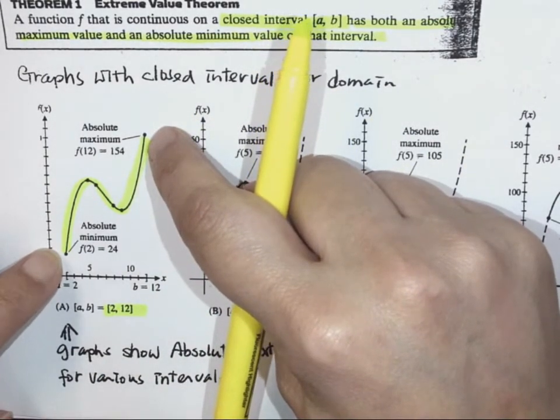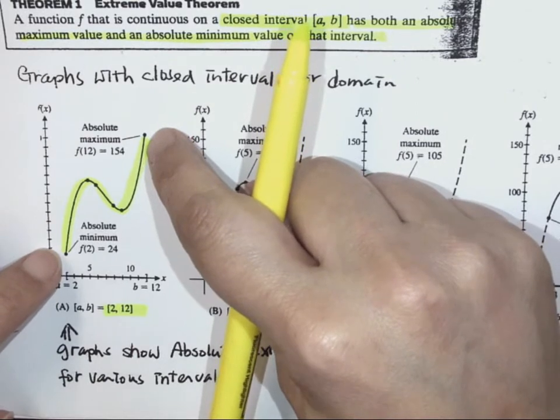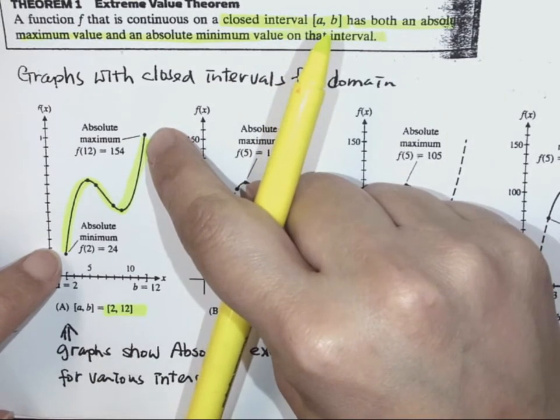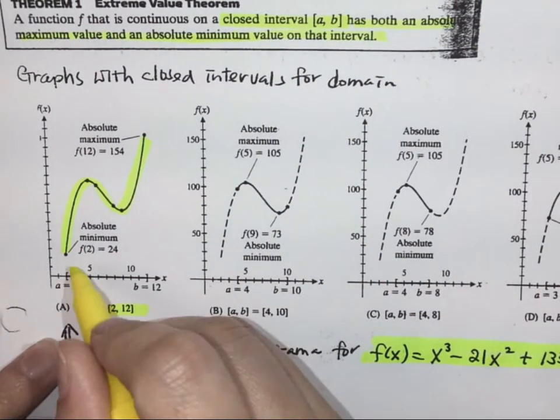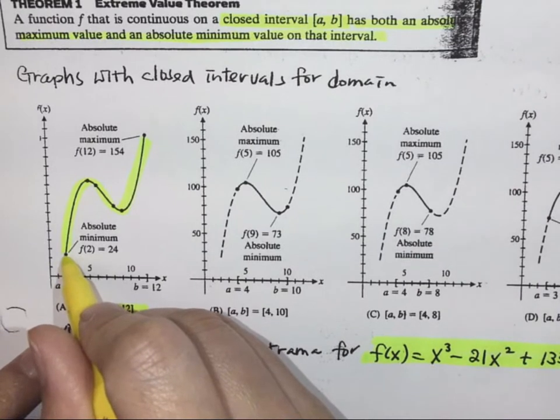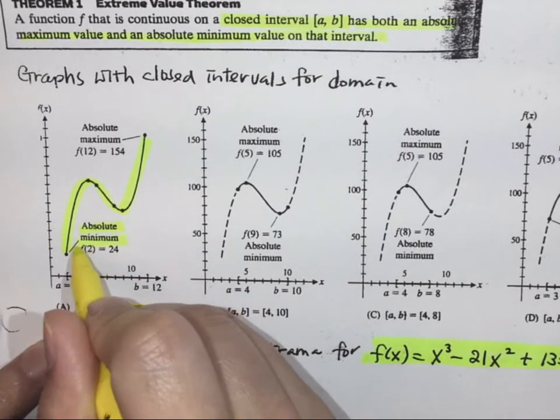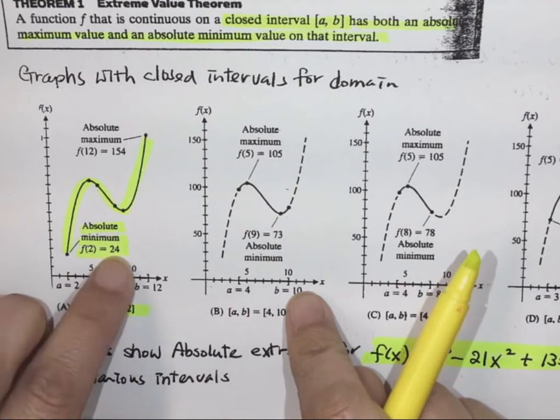So this kind of graph, when you cut the function in a closed interval like this, will have both an absolute maximum and an absolute minimum. Because I can find the lowest point, which is here, that is my absolute minimum point. f of x equal to y, right?